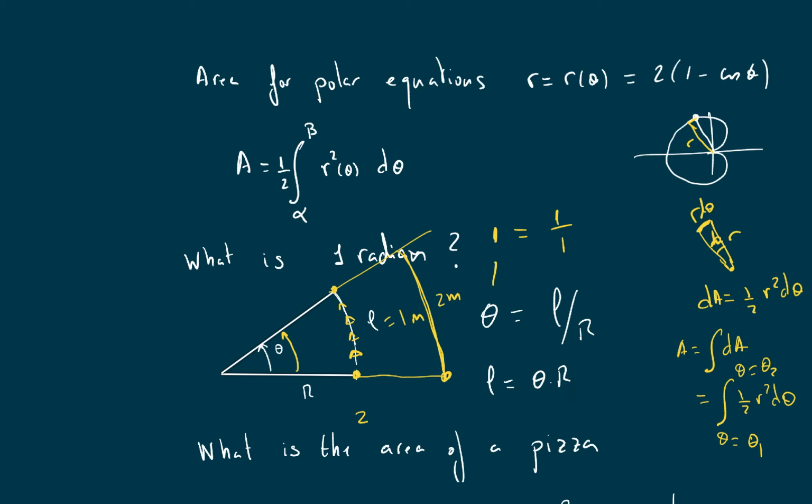Okay, let's study relations. Once you understand what an angle means, an angle of 2 radians means that you walk 2 meters over a radius of 1 meter. This is what 2 radians means.